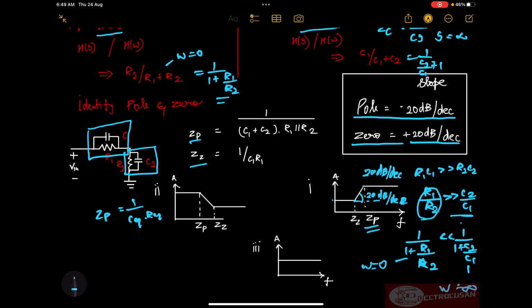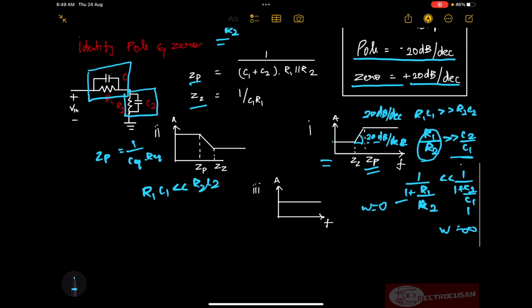This is when R1C1 is much greater than R2C2. In a similar way, you can also find the frequency plot for R1C1 much lesser than R2C2. This is just an inversion of this plot, or you can say a mirroring of this plot here.